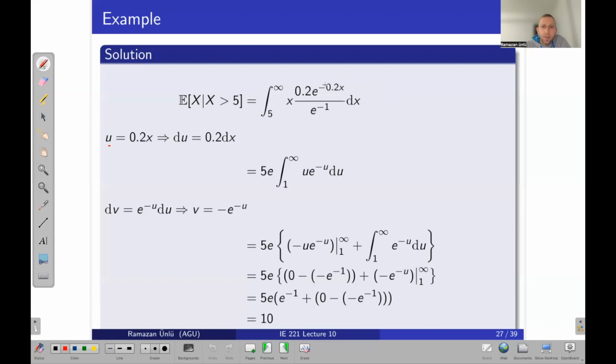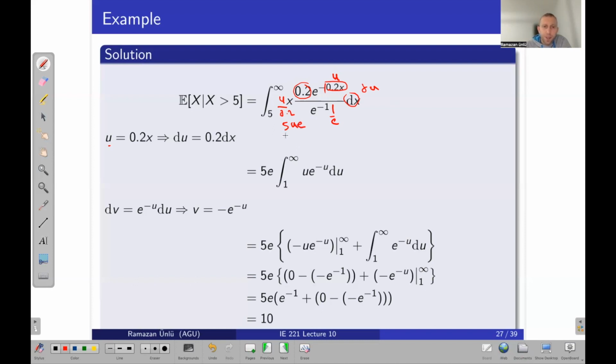So x is equal to u over 0.2, which is equal to 5u, and we also have the 1 over e in the multiplication, so that will be 5ue.